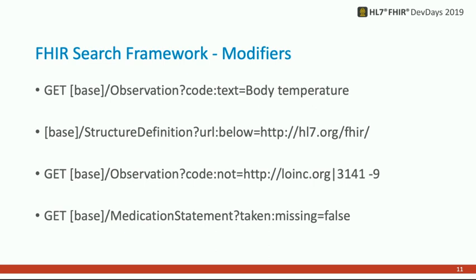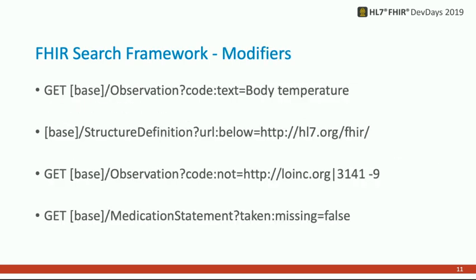Or you can put a pipe and then the code, which says there must be no system and I care about the code. When there is no system, it would be code not equal pipe then the code, but that's rare. It doesn't make sense, but it's possible. Yes, it's possible.